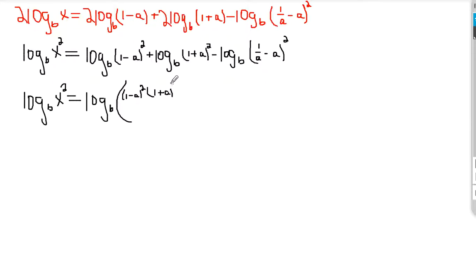And as for the 3rd log, if we have this one big log here, when you're subtracting a log with the same base, it's actually the same as dividing this product of these 2 logs by this power of the 3rd log. So we can rewrite that as the product of those 2 logs divided by 1 minus a squared.